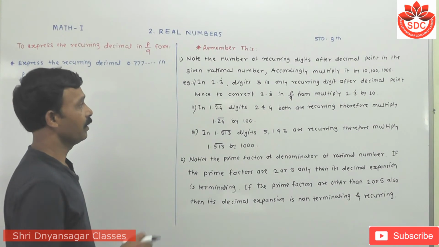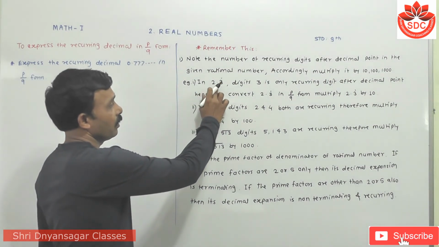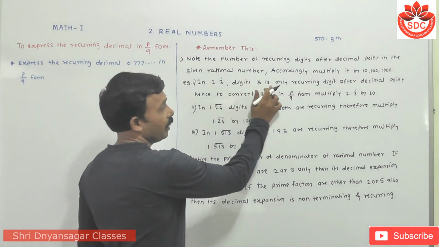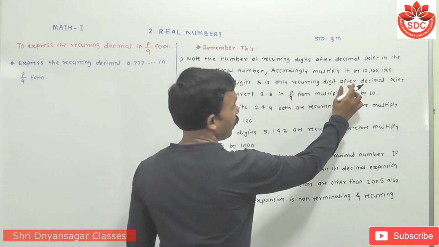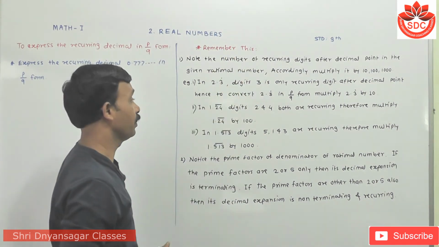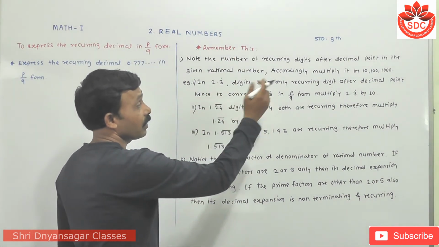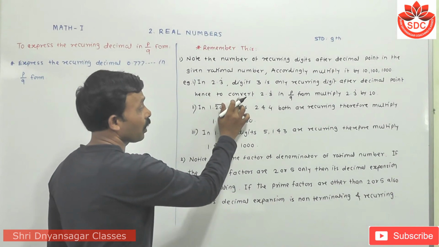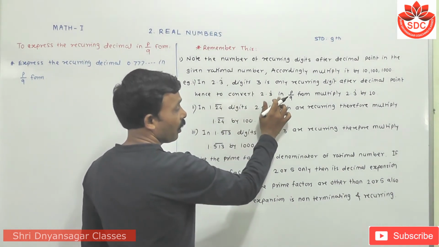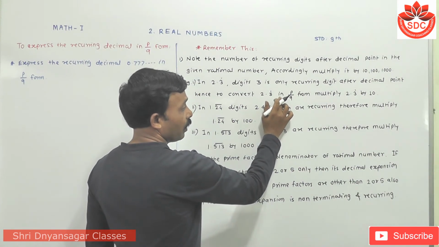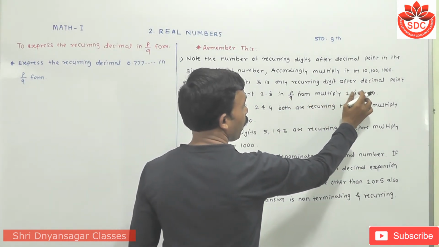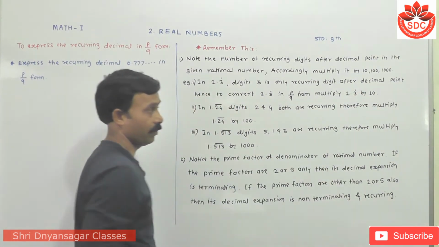For example, in this 2.3 recurring number, the digit 3 is the only recurring digit after the decimal point, meaning 2.3333. Hence to convert 2.3 bar, a recurring number, into P upon Q form, multiply 2.3 bar by 10.